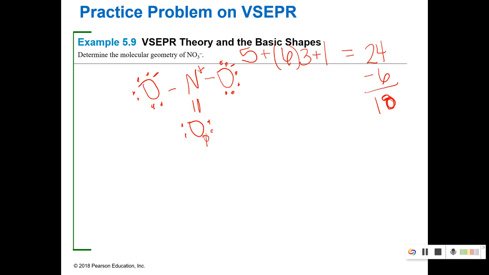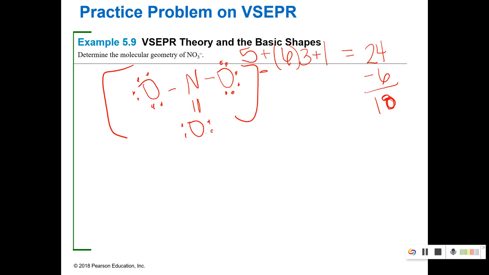And nitrogen is plus 1. So yes, total, we do add up to -1. Also remember, it can be drawn like this with the charge on the outside. That's perfectly fine. Okay, just know on Mastering Chemistry, if a charge is shown, it's going to want you to put the formal charge on the atom itself.